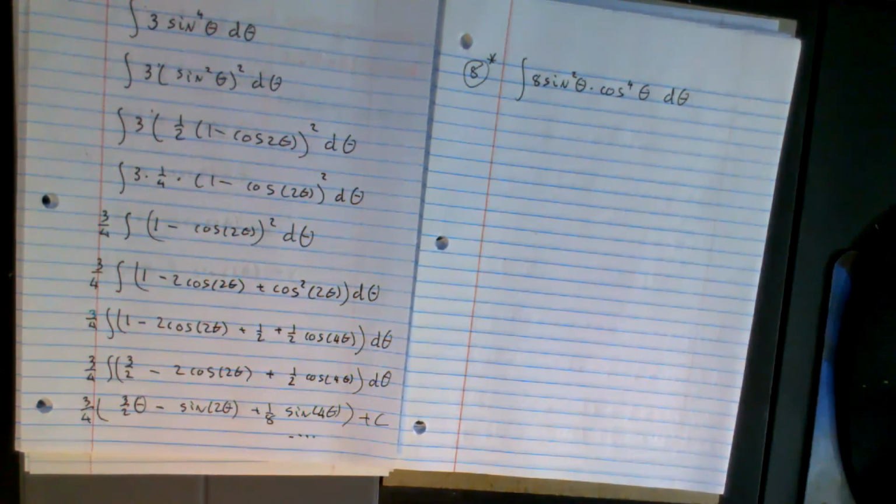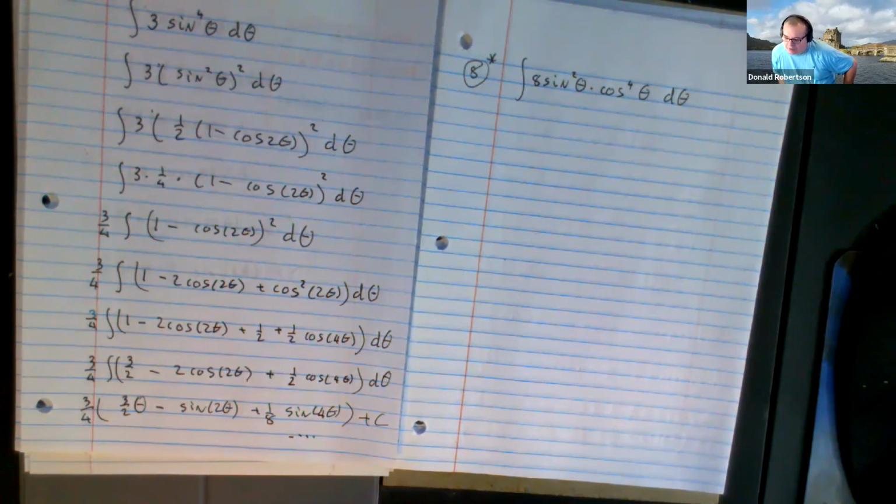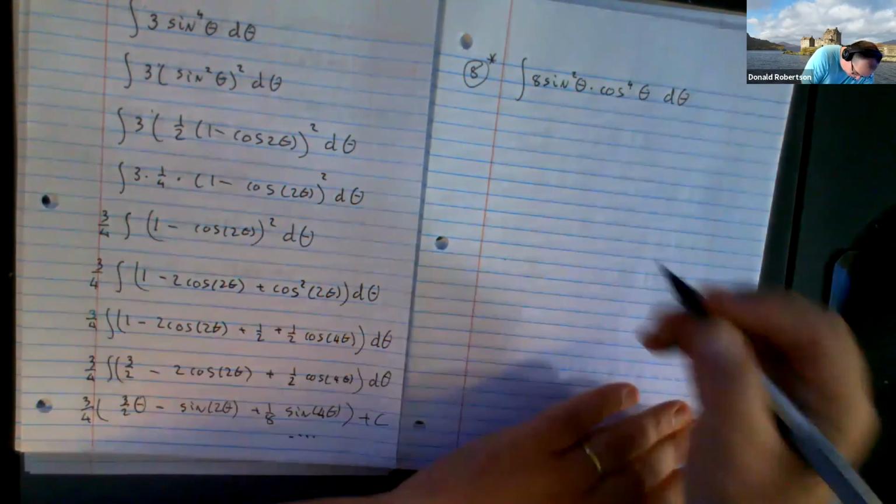In this instance, it would be really ugly to swap the sines for 1 minus cosine and multiply it out, right? That would just make it worse. You would think it would make it worse, but actually it's what you have to do. So we'll just hold that thought and let's see where this leads.